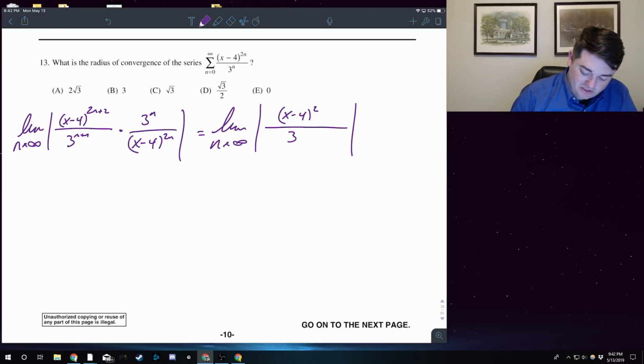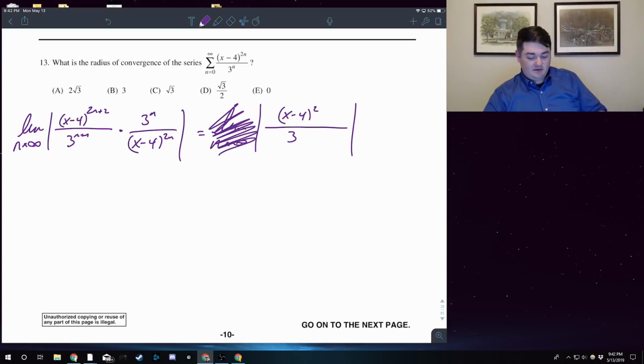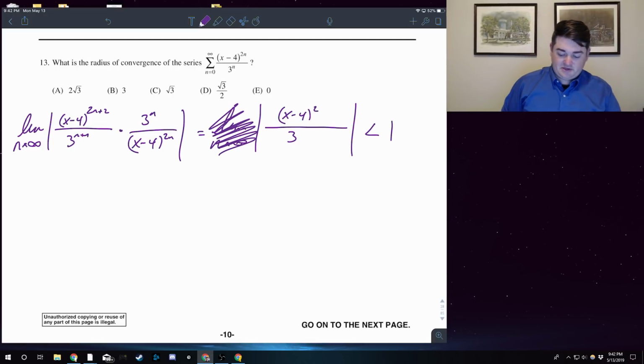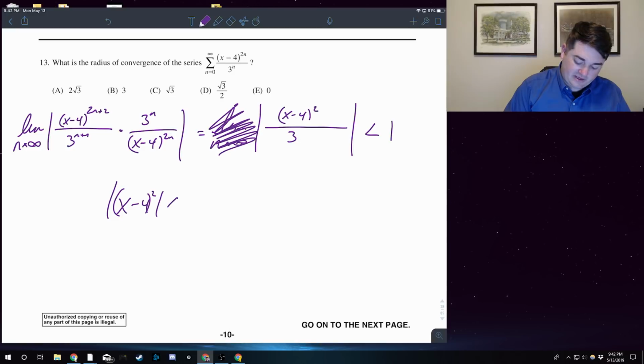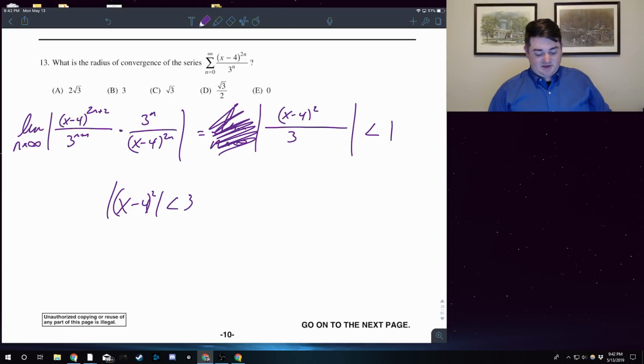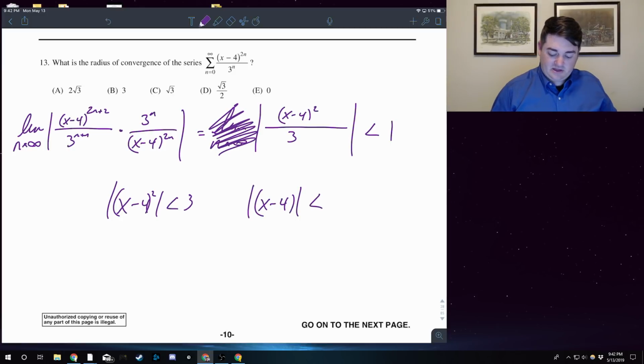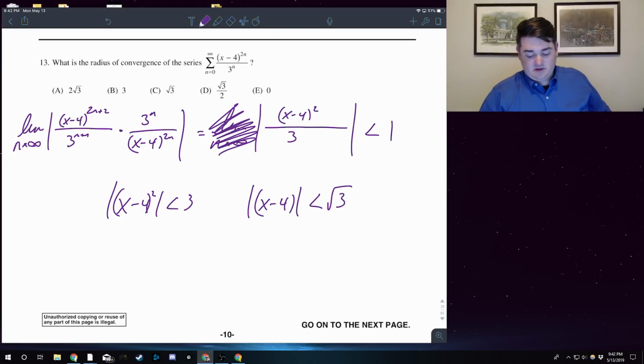There are no more n's, so the limit is done. And I want this to be less than 1. So I think I would make this x minus 4 squared, and absolute value is less than 3, square root both sides. So x minus 4 in absolute value is less than square root of 3. And there's your radius, square root of 3.